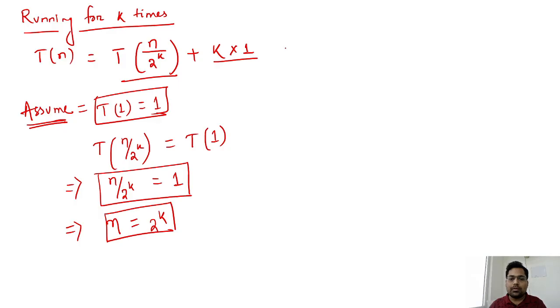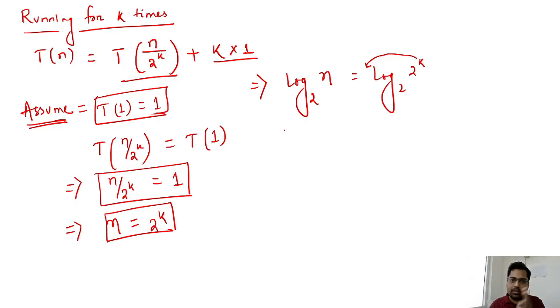To remove 2, we have to use log base 2. You apply it on the LHS side and the RHS side: log base 2 of 2 to the power k. As per the logarithmic property, k, though it's a power, comes in front.